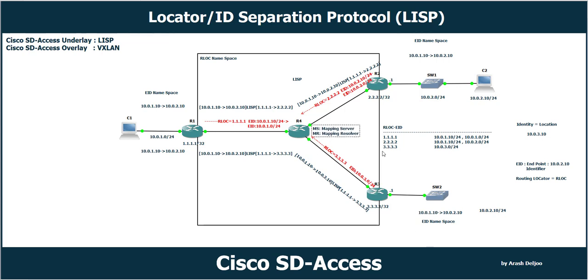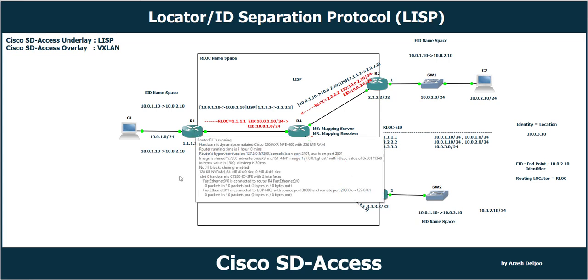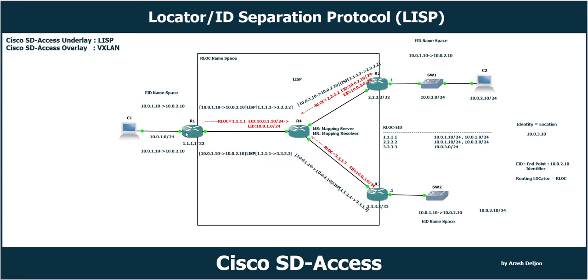We have MR. Now assume what is happening. Computer 1 sends traffic to computer 2, 10.0.2.10. Router 1 first should find the location of this IP address. It will send a request, a mapping request or resolution request, to the mapping resolver, asking what is the locator.